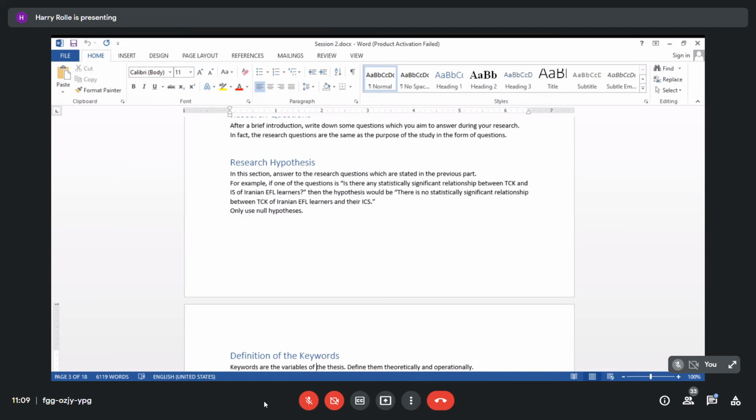Okay? So, in this section, answers the research question which are stated in the previous part. For example, is there any statistical significance relationship between the TCK and the ICs of Iranian EFL learners? So ayun lang yung mga inaano nun.